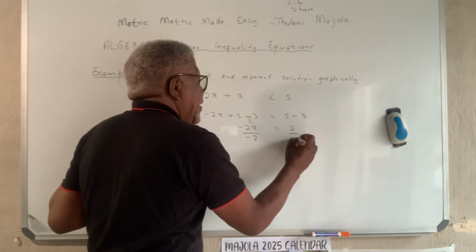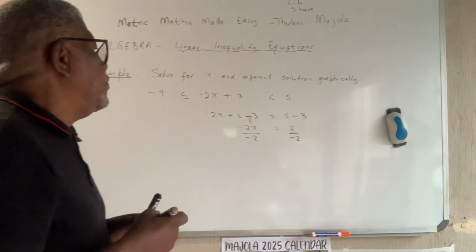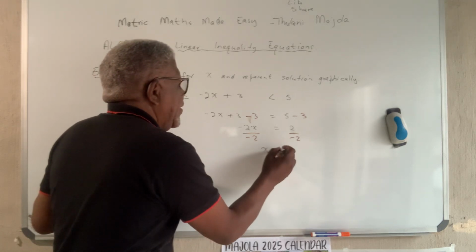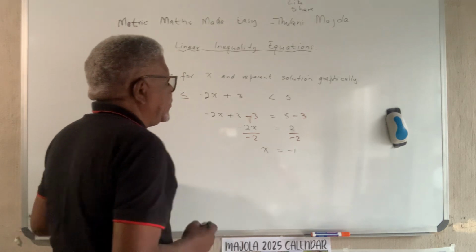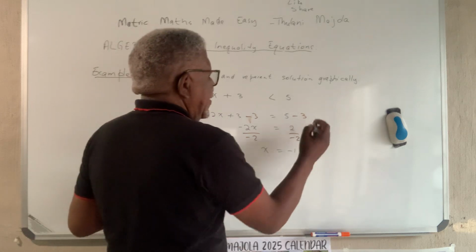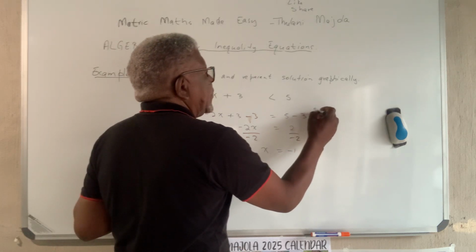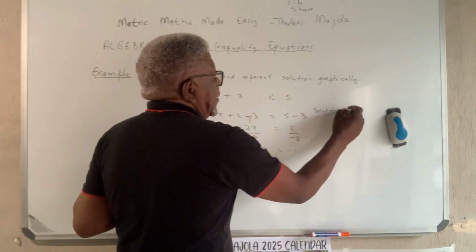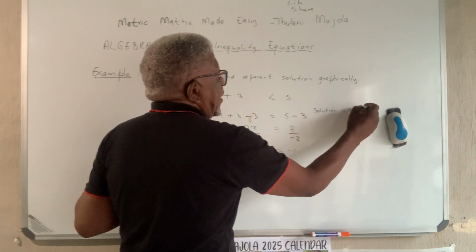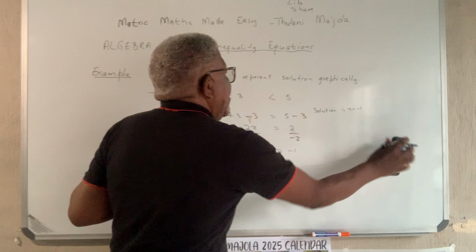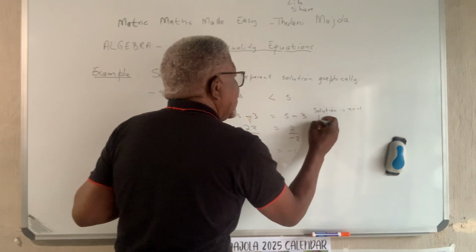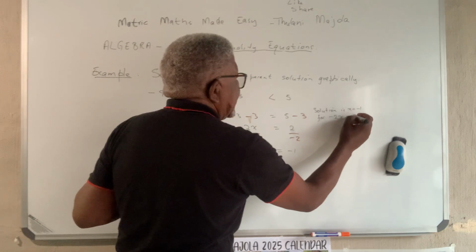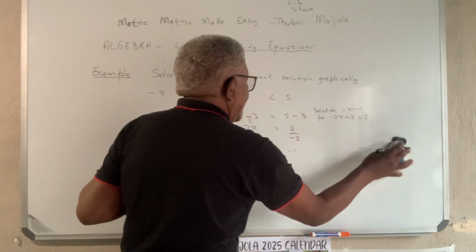Negative divided by negative gives a positive, so x equals negative 1. So the solution is x equals negative 1. This solution is for negative 2x plus 3 equals 5.